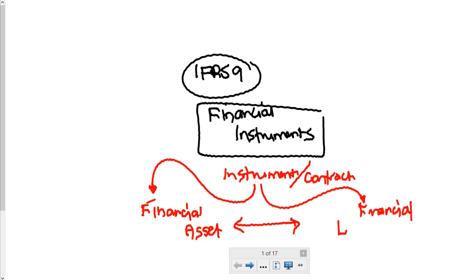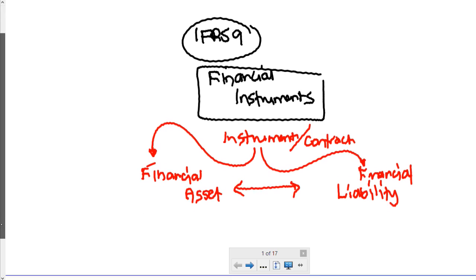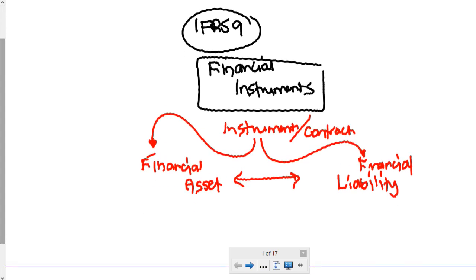The most common example of financial instruments that work like this are debtors and creditors, isn't it? So in the one company we have a receivable. There's been a contract, a transaction where we've sold goods. So in the one set of books in the one company we have a receivable, and in the other one we have a payable. And receivables and payables are financial assets and financial liabilities.